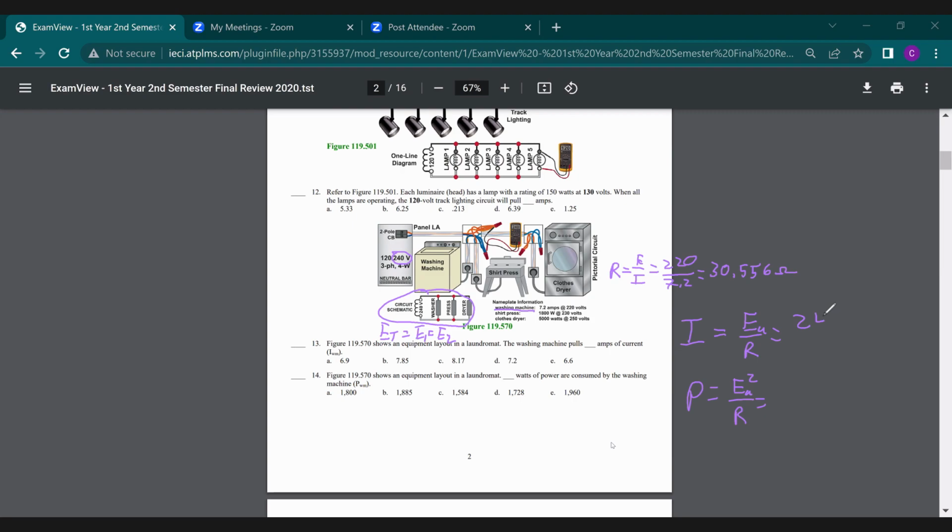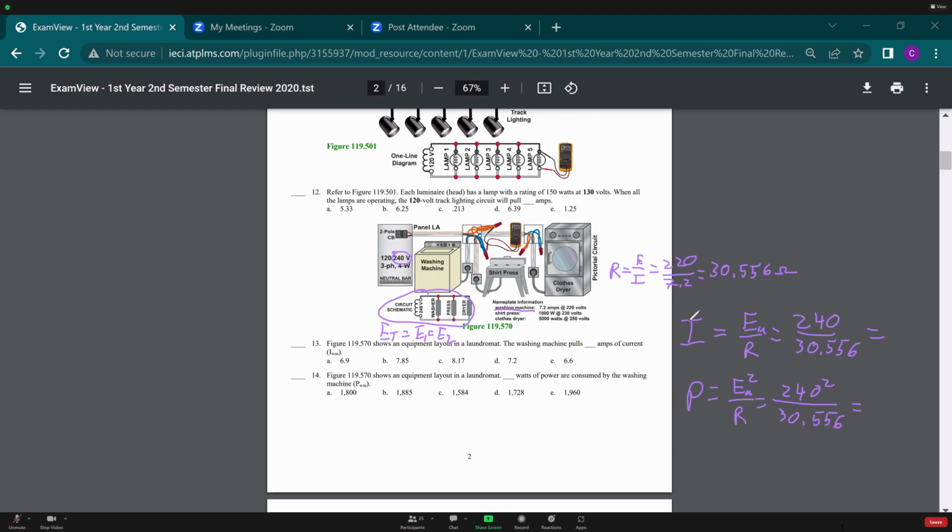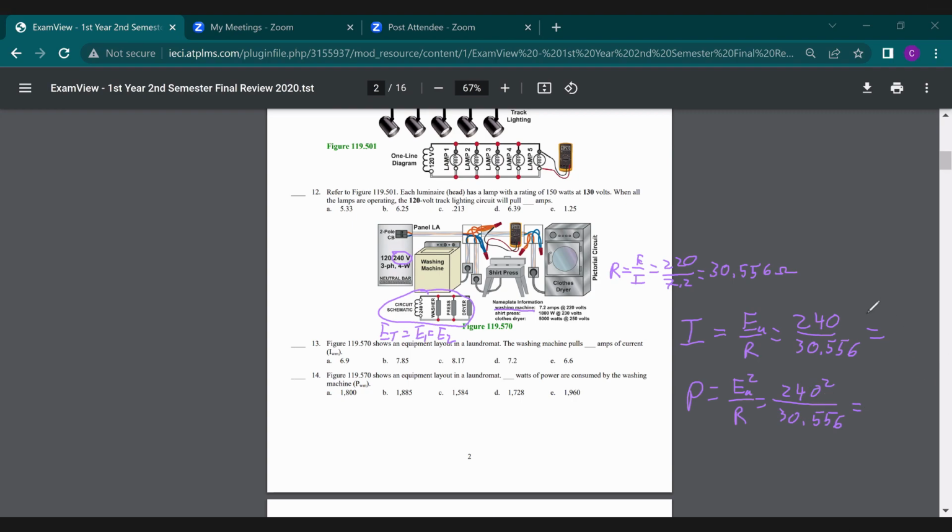So 240 divided by our 30.556 will get us amps. And if we go 240 squared divided by that 30.556, we will get our power. You could just go through, find amps, and then multiply it by the voltage again if you wanted to just get your answers straight by each other. That works all the same.